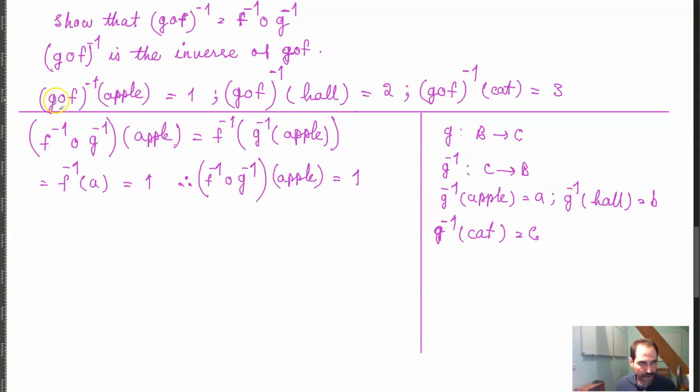And as you can see, (g∘f) inverse of apple is equal to 1, and f inverse composed with g inverse of apple is equal to 1.